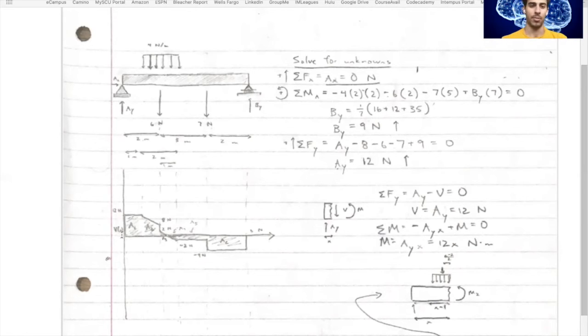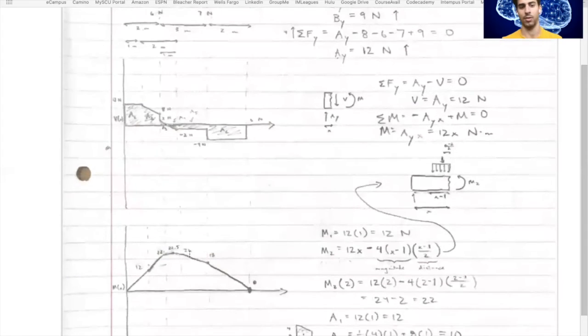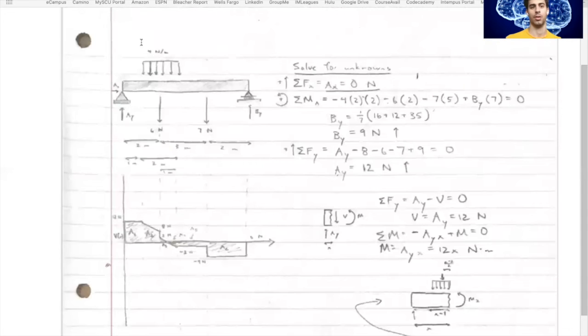So that, as I mentioned earlier, just causes a jump up to 12, and then it remains constant until you run into the next load, which is this applied load. So up until this point, it just stays at 12. And as you can see for the moment diagram, it is just a constant slope increasing up until 12 because there are no other forces for 1 meter.